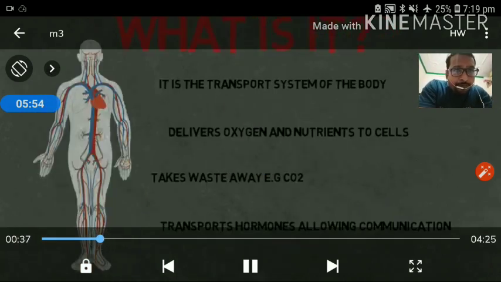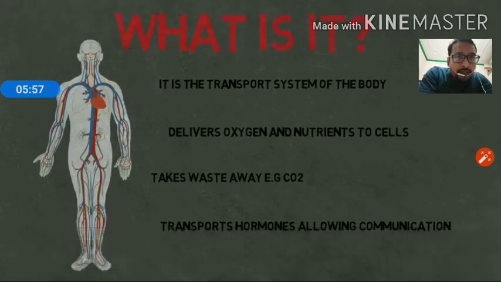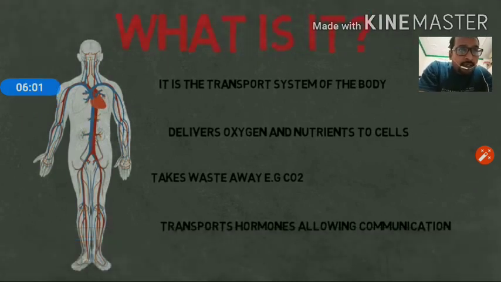Here you can see it transports hormones also, allowing communication and helping all the various other organs to work properly. So the blood being transported by the heart is so important.